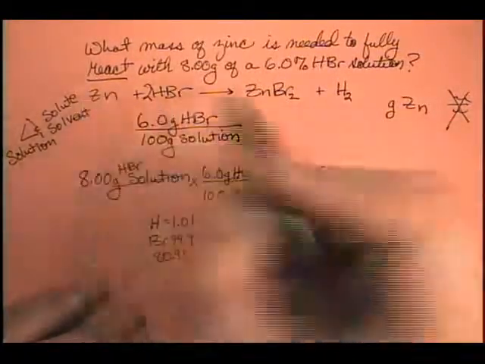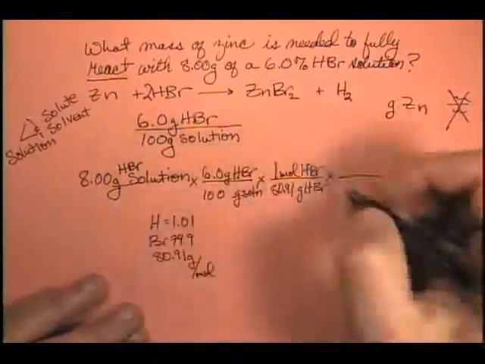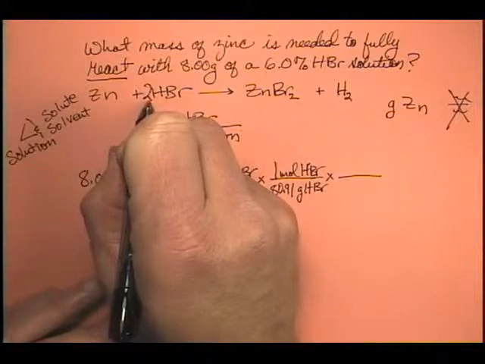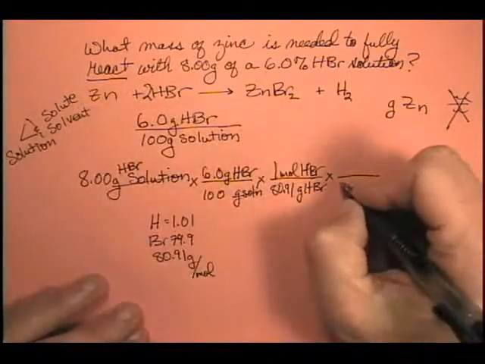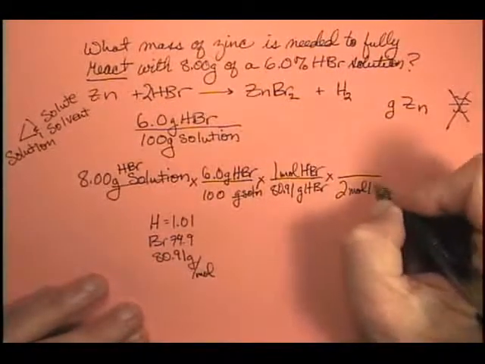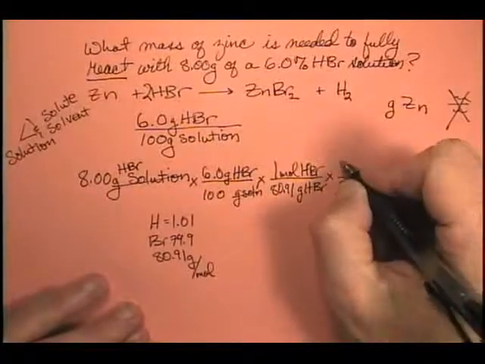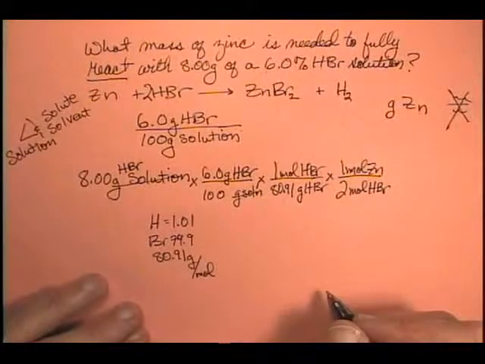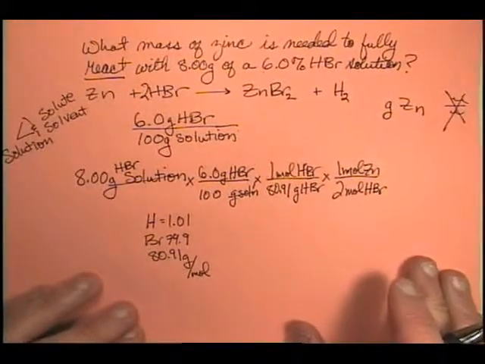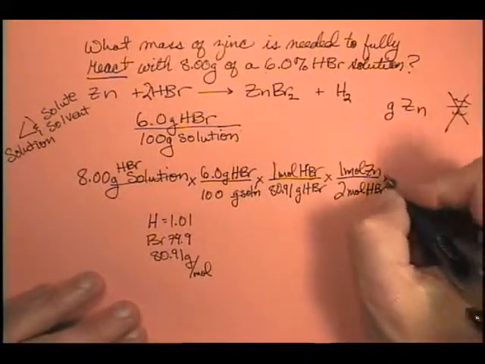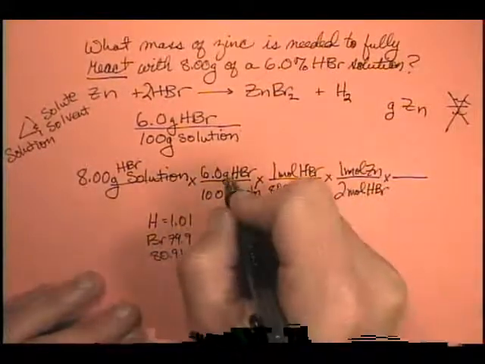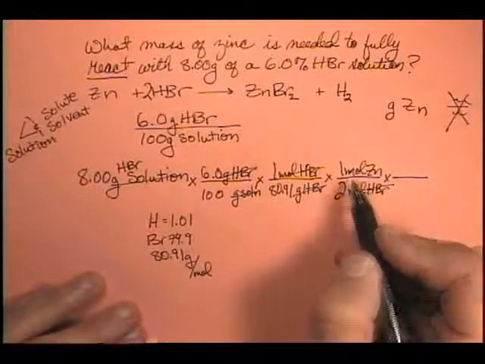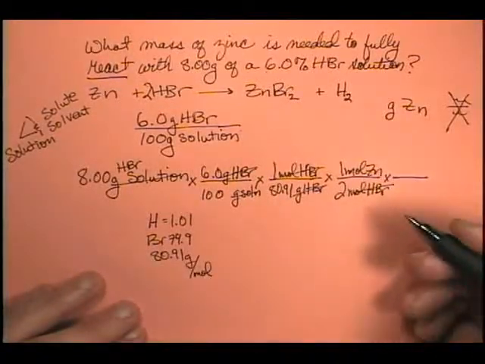Now I can get from HBr to zinc, and I can say, oh, okay, for every 2 moles of HBr, I react with 1 mole of zinc. 2 moles HBr gives me 1 mole of zinc, or reacts with. And now, if I were to stop right now, grams of HBr, moles of HBr, I'm left with moles of zinc.